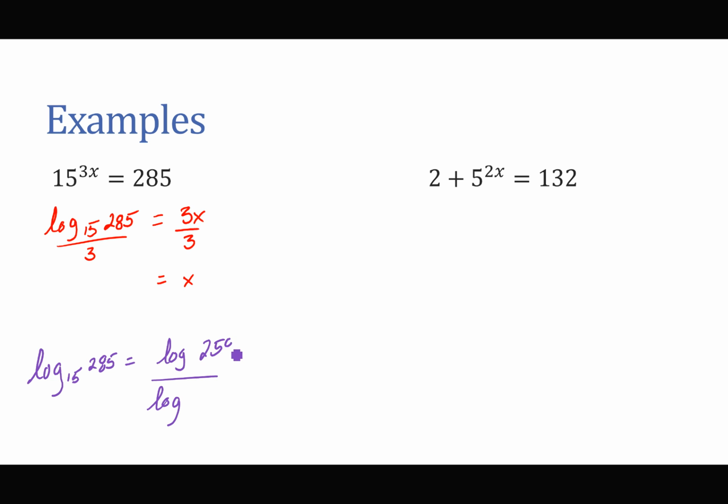So I could say log base 10 of 285 over log base 10 of 15. All right, that's the change of base formula. So now I can do it with any calculator that only does log base 10, and it has to be in this order. 285 has to be on top, and then that log base 15 goes on the bottom.